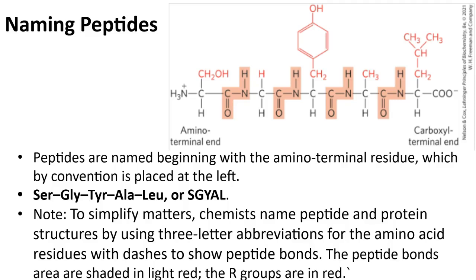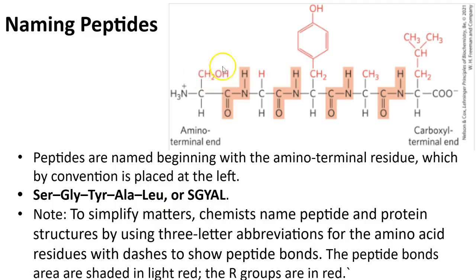Now going into naming peptides. Remember, it is sorted by N terminus to C terminus. It's very important to keep that order. And so while going through that order, you have this example right here where you have serine, glycine, tyrosine, alanine, and leucine depicted here.